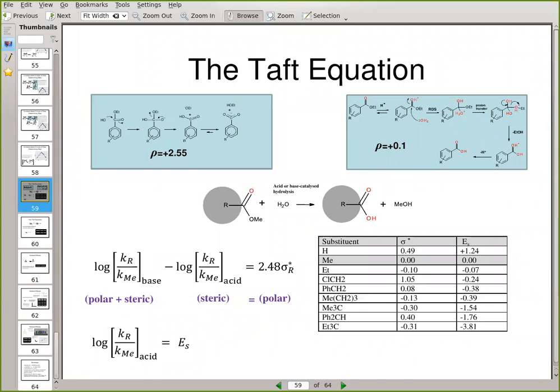And of course, there are three cases that we've encountered where the gradient could be very small. The three cases were, first, if the reaction center is far from that probe. So if the aromatic system is far from the reaction center, then adding electron donating or electron withdrawing groups is not going to affect the reaction very much.